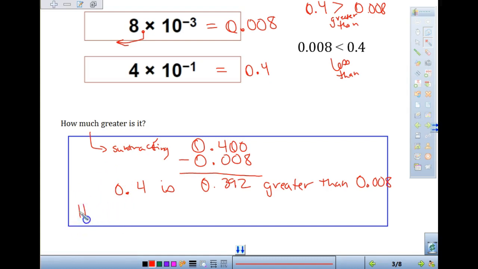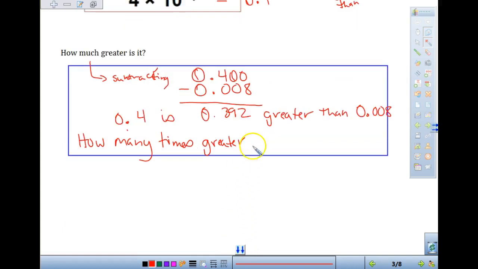So how much greater is subtracting. If it says how many times greater? When you're asked, because at the end of this unit, you're going to be asked how much greater, that would be a subtraction problem, and how many times greater. Today's homework, we're going to kind of look at this poster project is doing how many times greater.